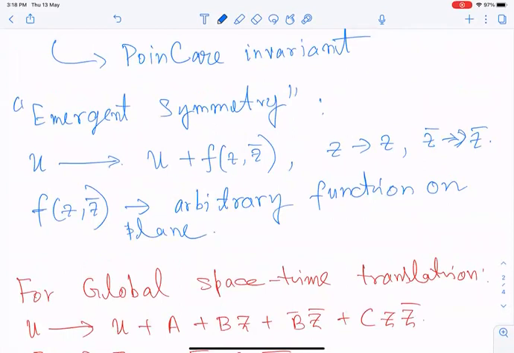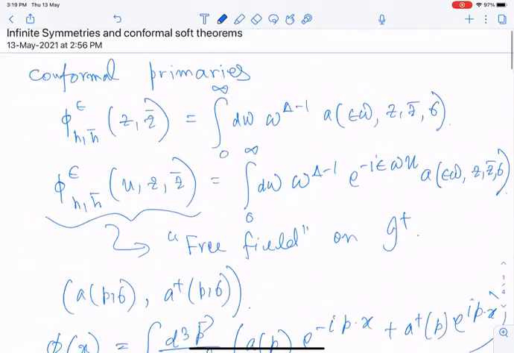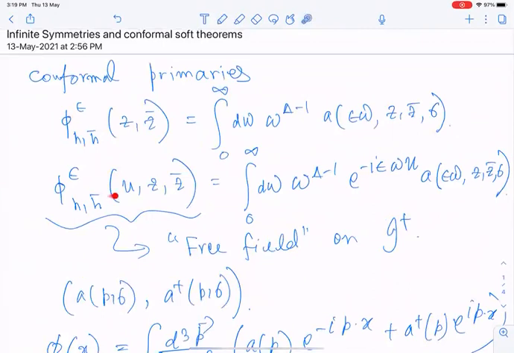In fact, the point is that this u, z, z bar, I am just calling it u because it transforms like u if I apply this SL2C and the global space-time translations. But otherwise, we have not used any kind of bulk information, because for example, the Fock space can be constructed without any reference to the bulk space-time.